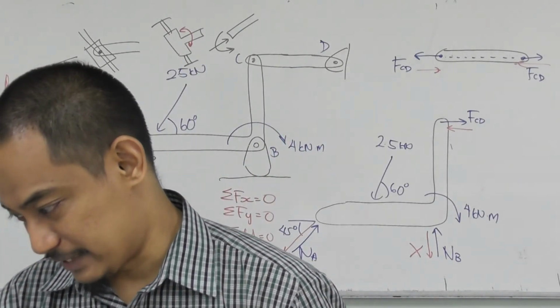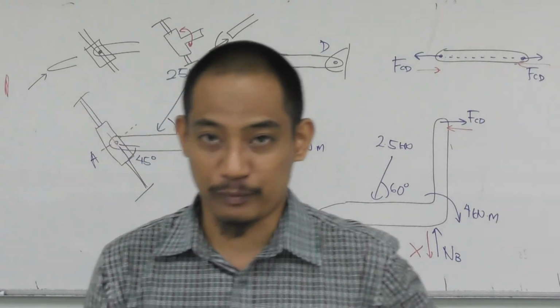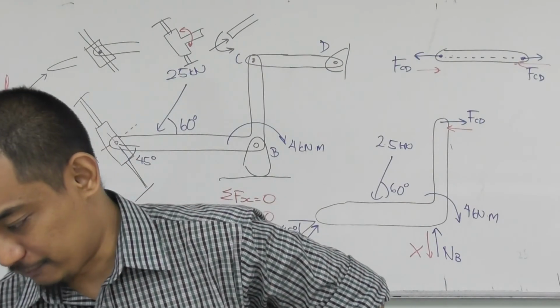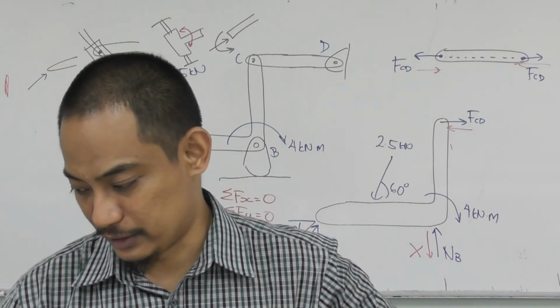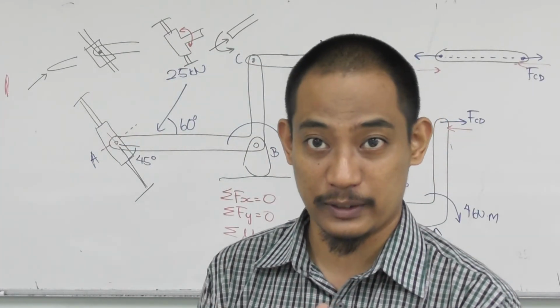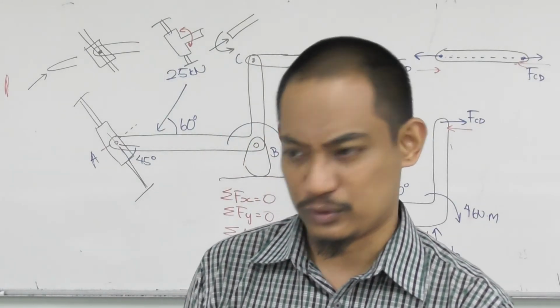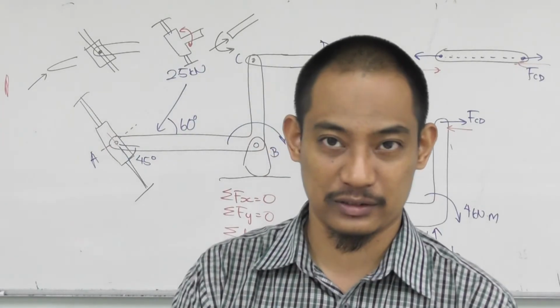Alright, so that's the end of 4.1 and 4.2. In 4.3 and 4.4, we will deal with how to calculate using the equations of equilibrium until we get the solution, right? And we will go back into the two force member again for the calculation, just to refresh.